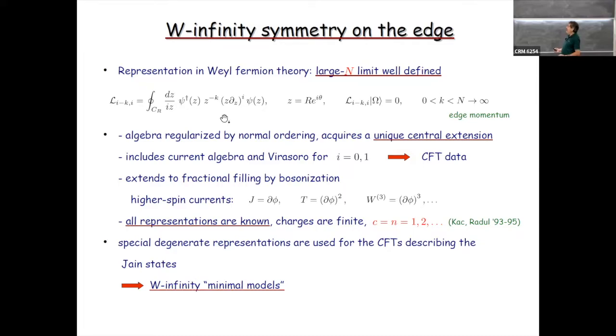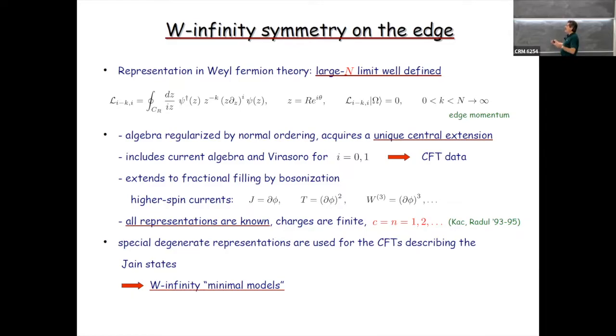Well, I get a c equal to 1 theory, so it's just current algebra, Virasoro, but I also get higher powers, which is called the enveloping algebra of polynomial operators. This is particularly clear in the boson version, where you start by saying you have a scalar field, and the current is dφ, the stress tensor is dφ squared, which we know very well. But then in this theory you have a W3, which is dφ cubed, then dφ to the fourth, and so on.